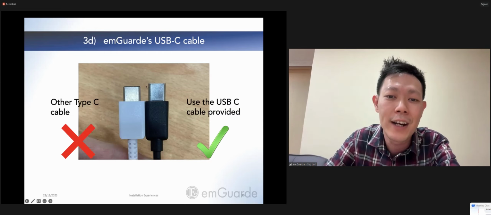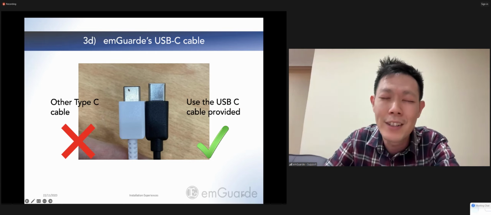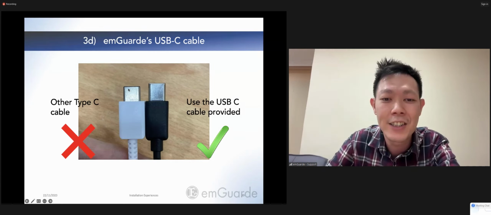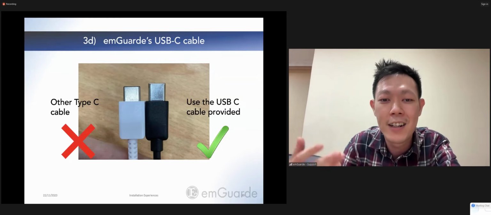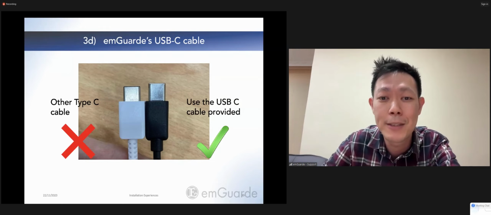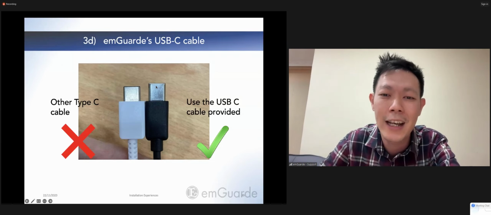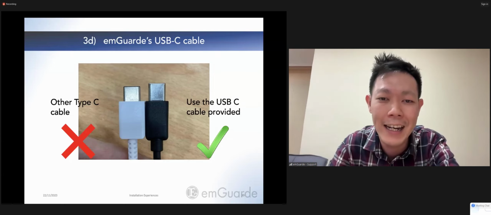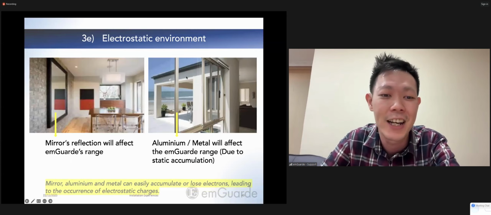You can see on the right cursor it is longer, and this is a normal handphone type C. Some of the electronic gadgets may also have a type C connector. So you must take note, don't accidentally use the wrong one. Maybe your emGuarde will not light up the indication light.